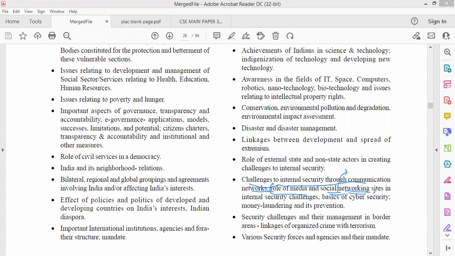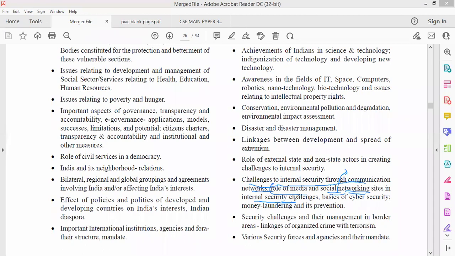So what is the role of media and social networking sites in internal security challenges? How can media play an important role and how can internal security be made strong? Social networking can be fruitful, with a positive effect, and it can also have a negative impact.